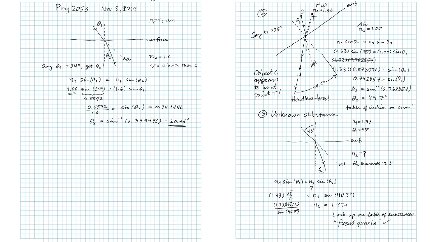So N1 is equal to 1.33. That's the index of refraction for water. And then down here, I'm going to have air again. So now N2 is equal to 1.00.